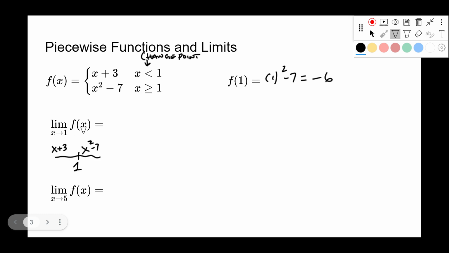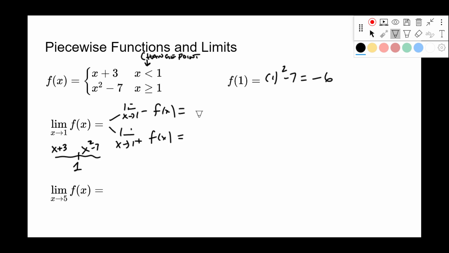What we're going to have to do is calculate the limit from both sides, because technically you're on two different paths depending on which side of 1 you're on. So we're going to have to break this up. We're going to calculate the limit as x approaches 1 from the left of f of x, and the limit as x approaches 1 from the right of f of x. And what we're going to hope is that the two limits come out to be the same.